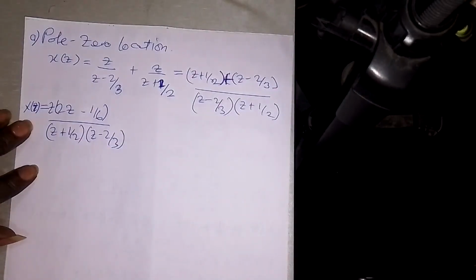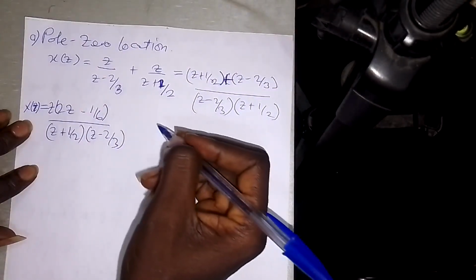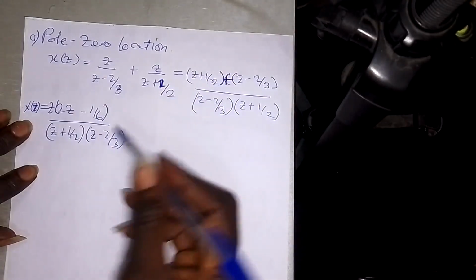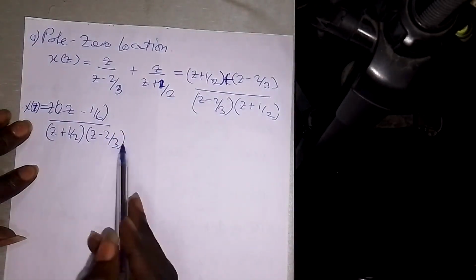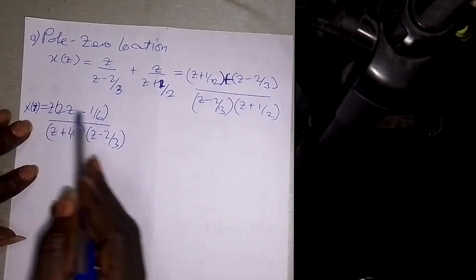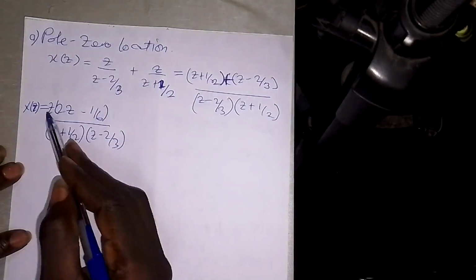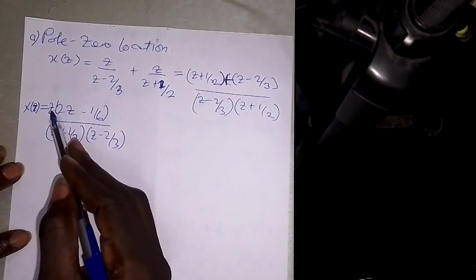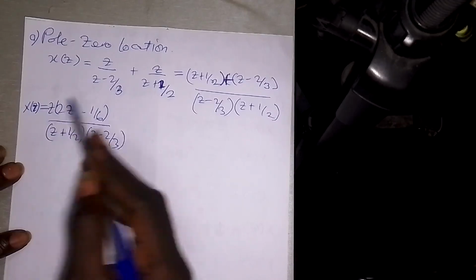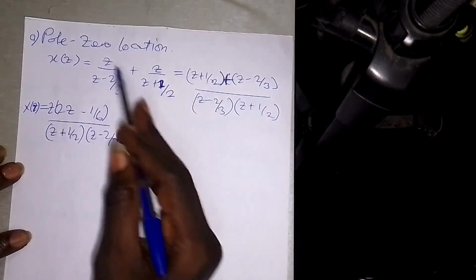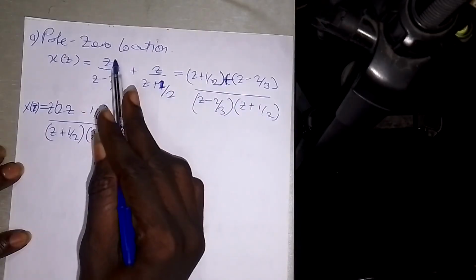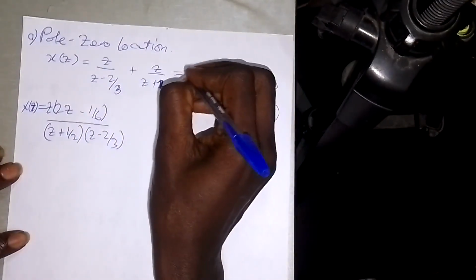Now what I have to do is that poles equate the denominator to 0. Zeros equate the numerator to 0. I hope you know why I'm getting this particular z. If I bring this guy up, there will be a z here.